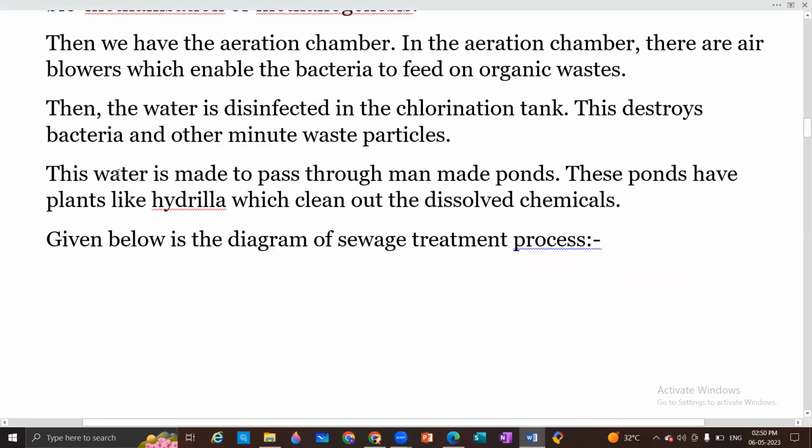Then this water is made to pass through man-made ponds. These ponds have plants like hydrilla, which clean out dissolved chemicals like ozone and chlorine.